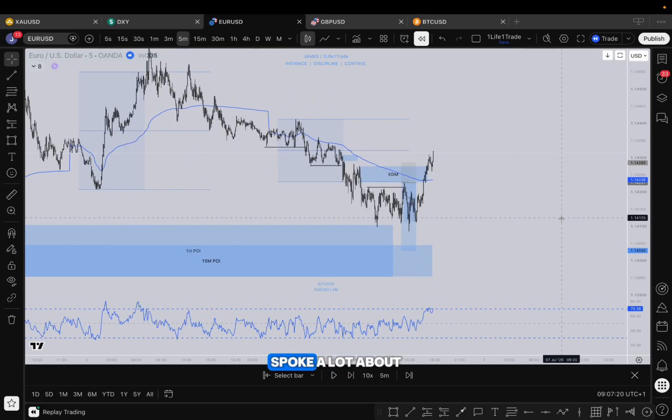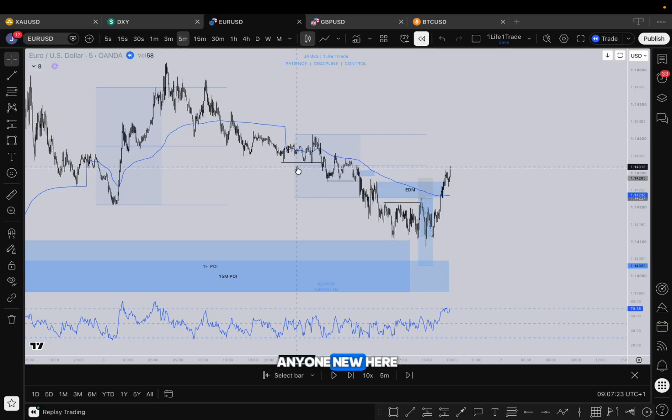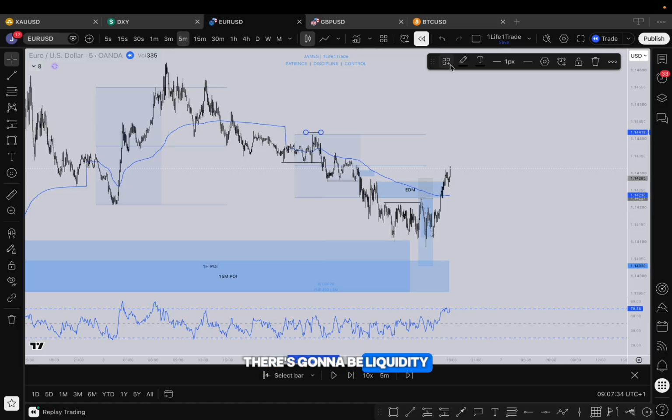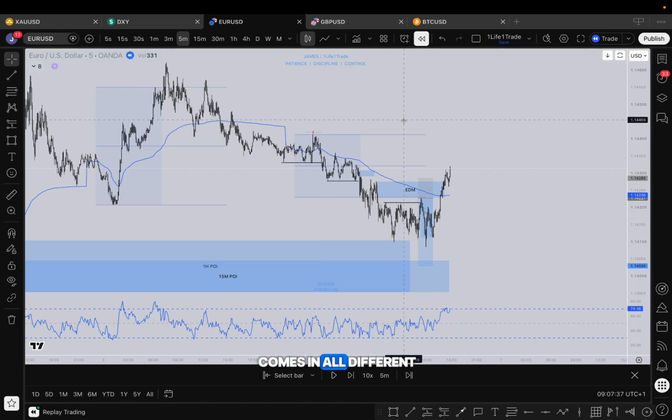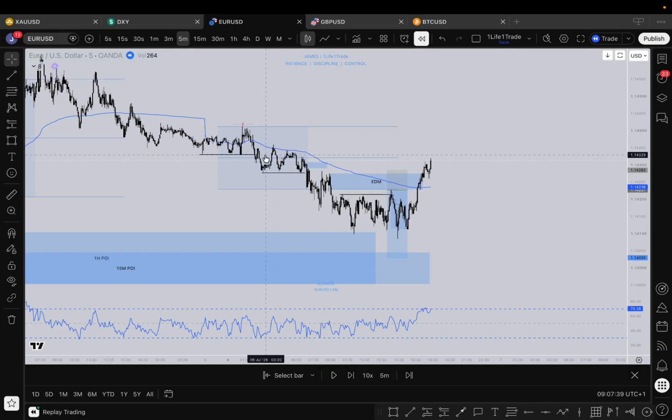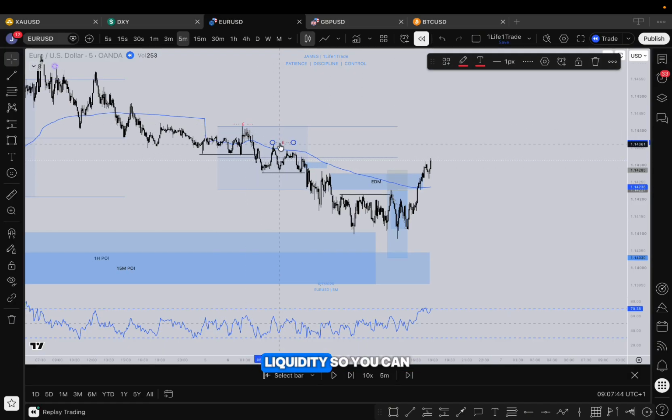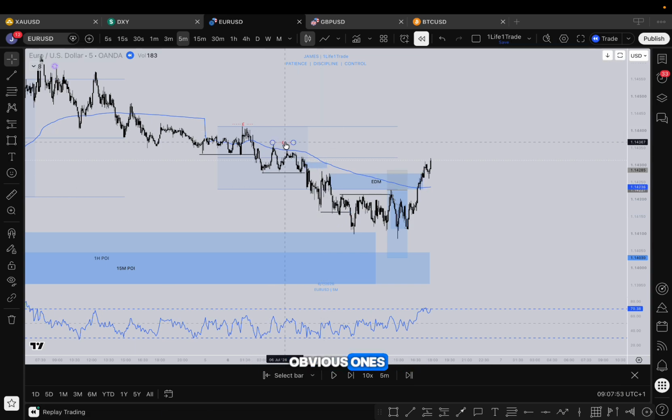Now, I know we've spoken a lot about liquidity, but for anyone new here, breaking it down quickly, when you've got breaker structures here, you know there's a breaker structure because people are selling, there's going to be liquidity above it. Now, liquidity comes in all different shapes and sizes. So each time there's a new break, there's going to be more liquidity. So you can see down here, there's another, let's just mark this up big like that. There's another break there. I know there's little ones in between, but we're going to go with the obvious ones for now.